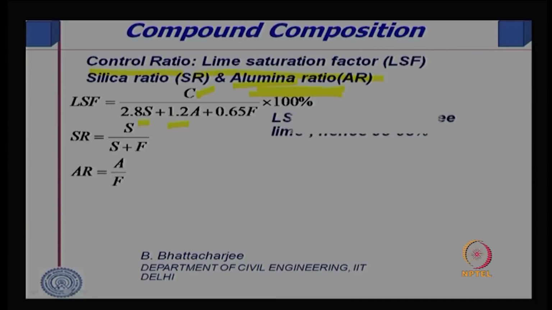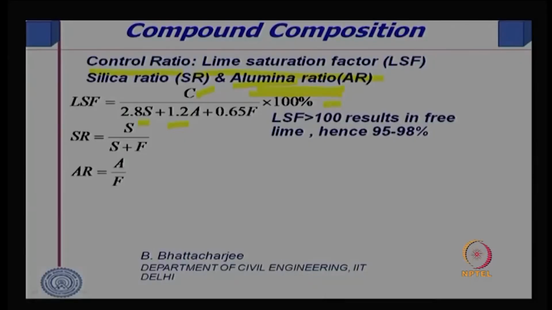Now, how do they matter? If the lime saturation factor is greater than 100, you will have some lime which will remain uncombined, free lime. So, if it is more than 100%, it results in free lime, uncombined calcium oxide, because you have now too much lime in the system and it can't react.